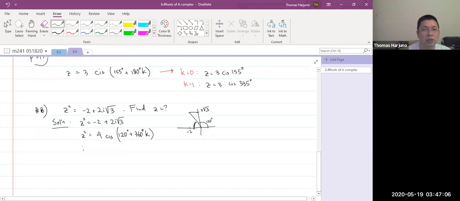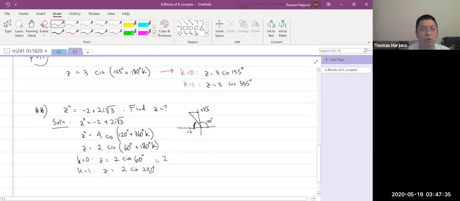Okay, so z will be the square root of 4, which is 2, cis, divide this by 2, 60 degrees plus 180 degrees k. So for k equals 0, z will be 2 cis 60 degrees. For k equals 1, z equals 2 cis 240 degrees.